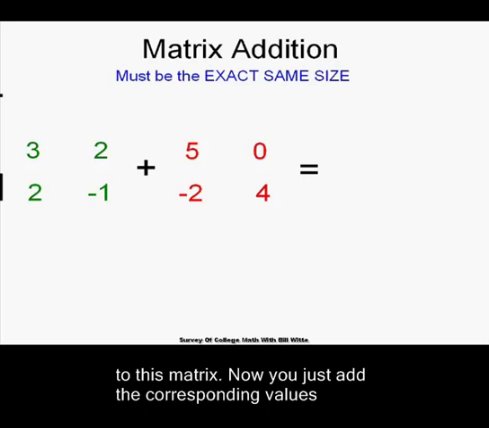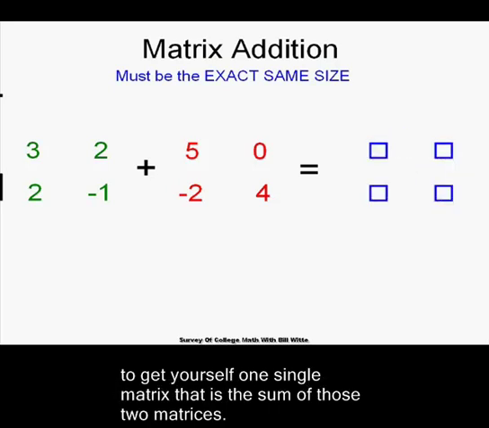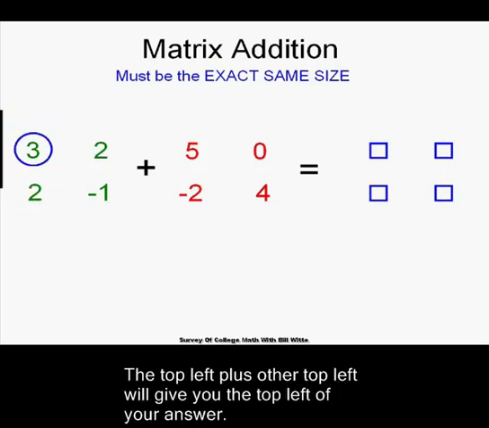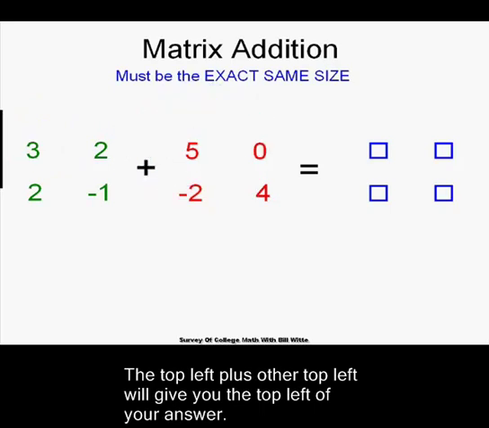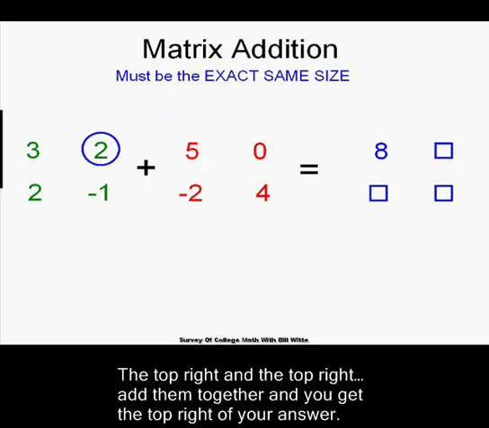Very simple. Just add the corresponding values to get yourself one single matrix that is the sum of those 2 matrices. The top left plus the other top left will give you the top left of your answer. The top right and the top right, you add them together and you get the top right of your answer.